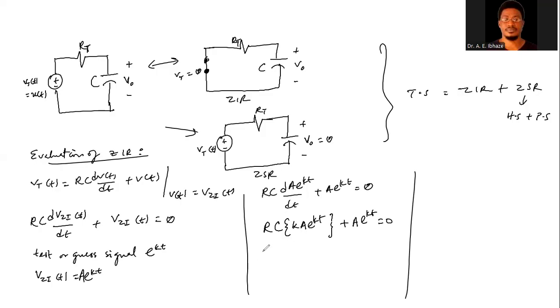So from this, we have A e^(kt) is equal to negative RC K A e^(kt).